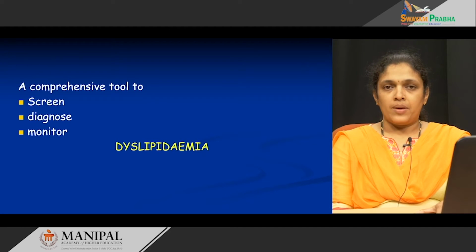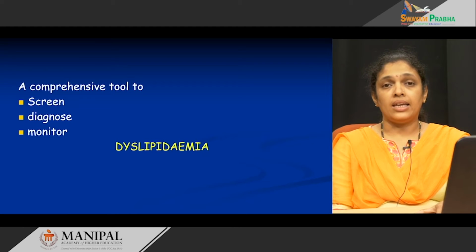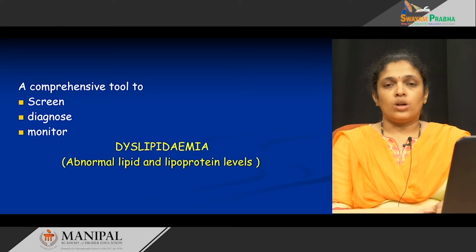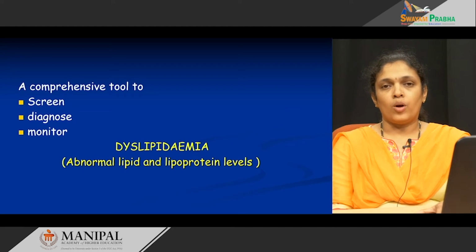So dyslipidemia is either a hypo or hyperlipidemia, an increase or decrease in the levels of lipids in our body, seen in our blood. This includes not only the lipids, there can also be abnormalities in lipoprotein levels, hyperlipoproteinemia or hypolipoproteinemia. This is what is called dyslipidemias.